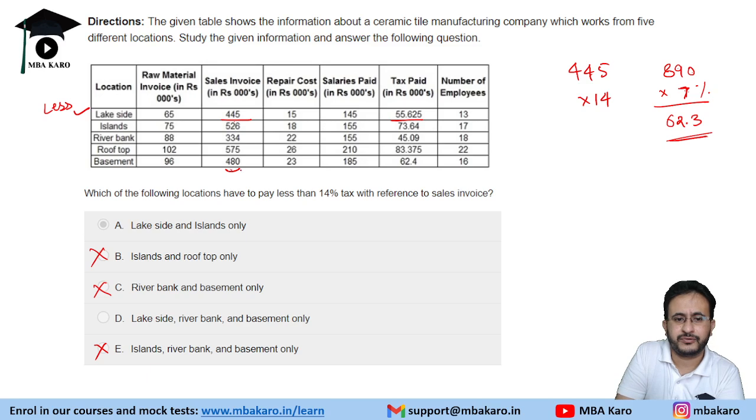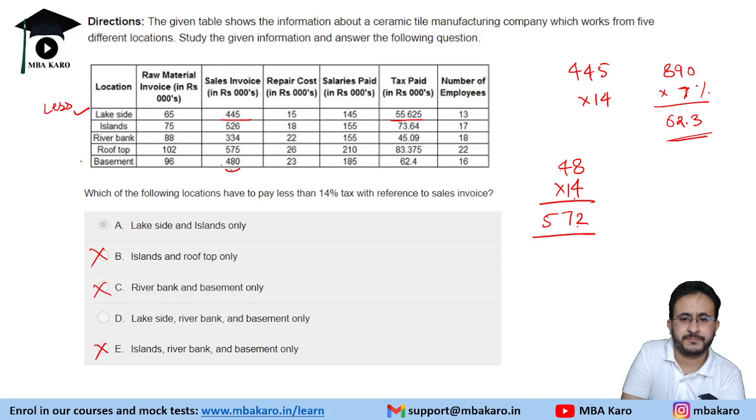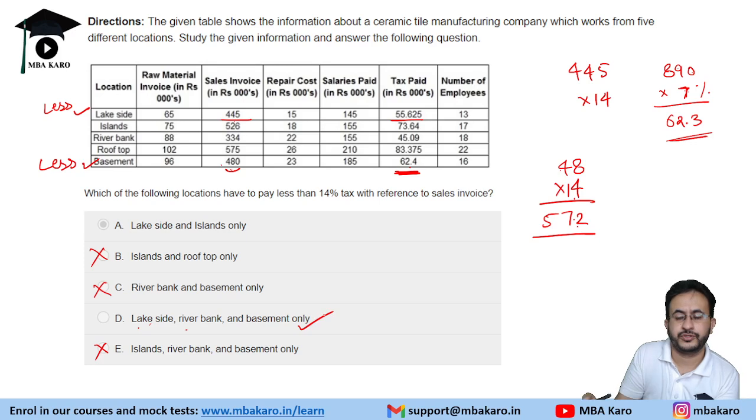Can we make this calculation fast? Basement. So let's take 48 into 14. 14 we can also multiply simply. 14 into 8 is 112. 11 carries, that is 57. So Basement should be 57.2 and this is 62.4. So Basement is also less. So Lakeside, Riverbank and Basement should be the one.